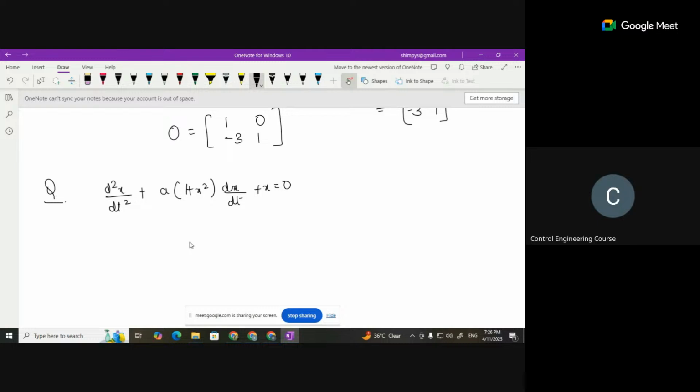What you have to do here is compute the equilibrium points and comment on the stability of those points. Okay. Do you get the question?